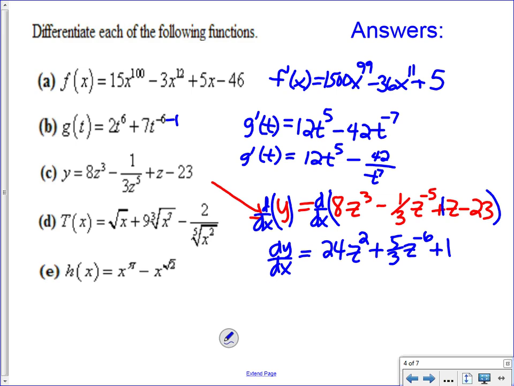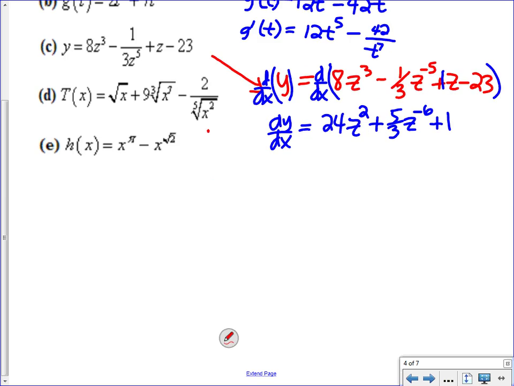Okay, for example D, what I want to show you here is if you ever have radicals, you want to convert those to fractional exponents so that we can apply the power rule, okay? So if you have the square root of x, that is equal to x to the 1/2 power.